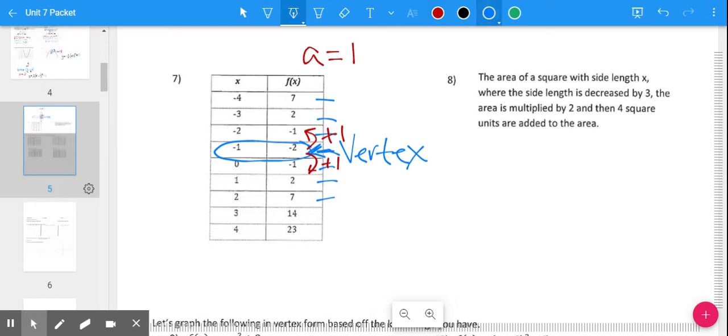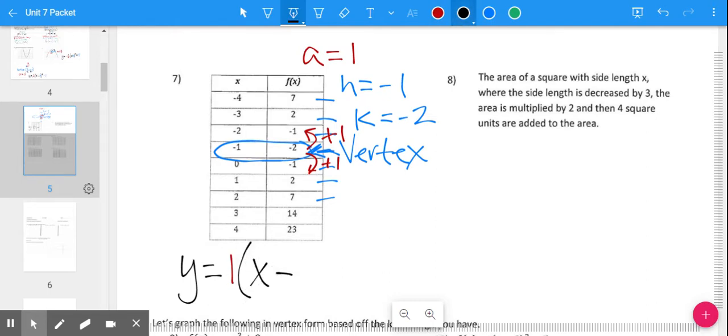We have h and k from your vertex. So h is -1 and k is -2. When you write your formula, you have y equals a, which is 1, times x minus h, which is -1, and plus k.